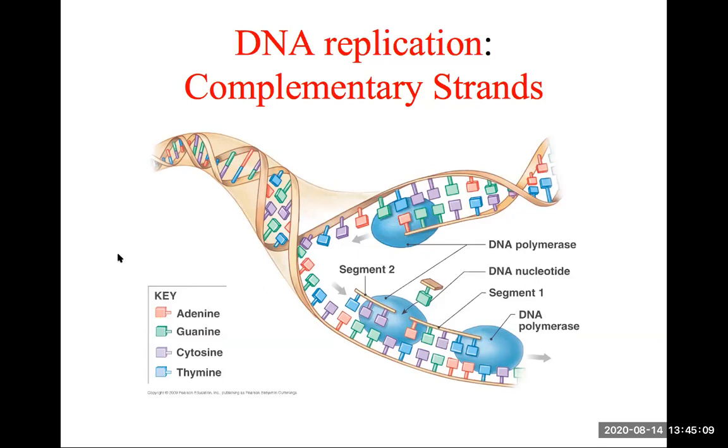Now, this idea of synthesis. How do you perfectly copy DNA? Well, it all relies on these four guys down here, these words: adenine, guanine, cytosine, thymine. These are the four different types of bases that we can find in DNA.